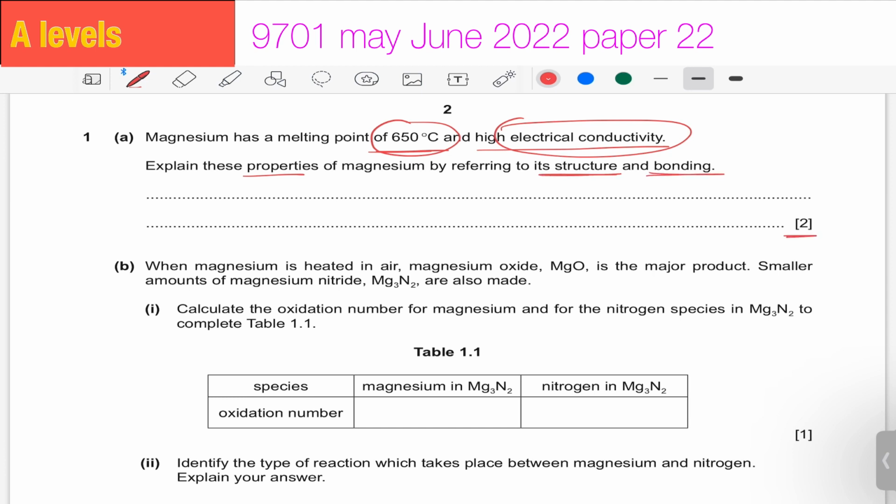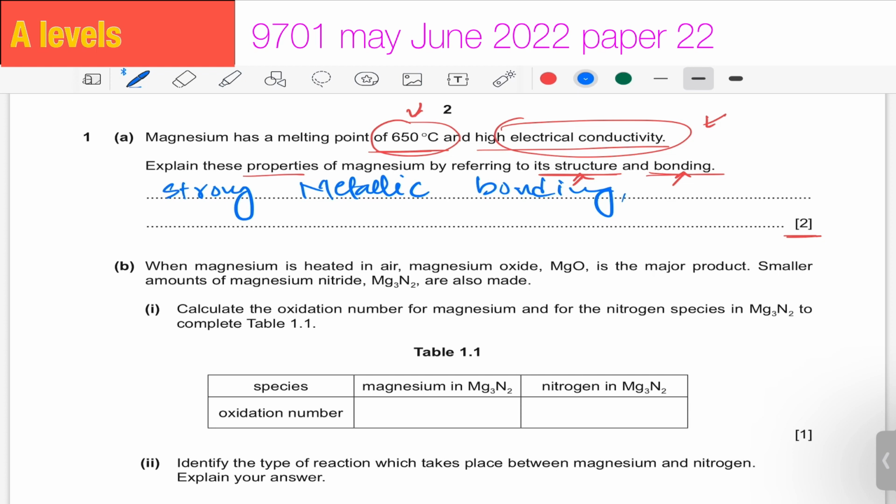So it is a 2-mark question and we have to explain why it has a high melting point and why it can conduct electricity based on its structure and bonding. All right, so magnesium is a metal. So that means it has a high melting point because it has strong metallic bonding, or strong electrostatic attraction between positive ions and free electrons.